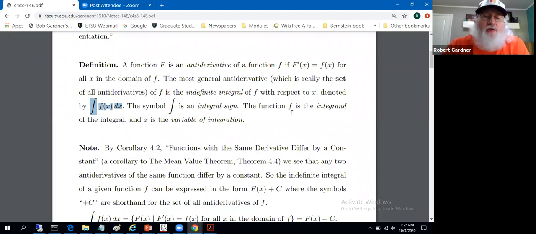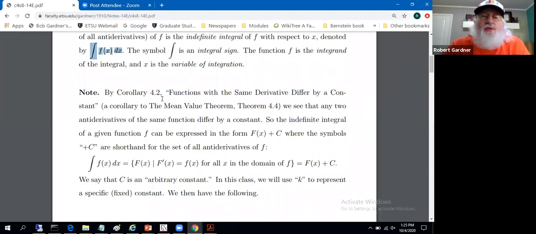The function which we're anti-differentiating, the lowercase f, is called the integrand of that indefinite integral, and x is the variable of integration. So for now, we're just taking this as representing the most general antiderivative, or if you like, the set of all antiderivatives. We'll illustrate it with some examples and get some clean notation in a second.